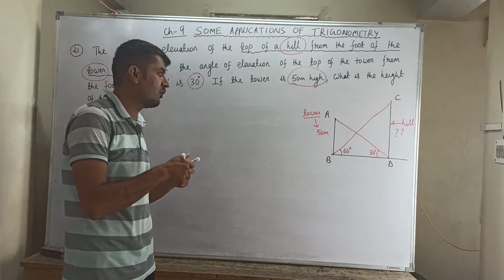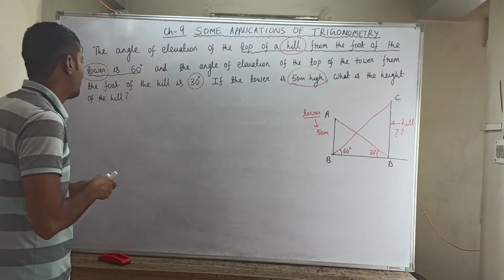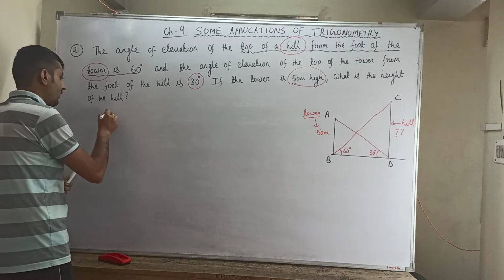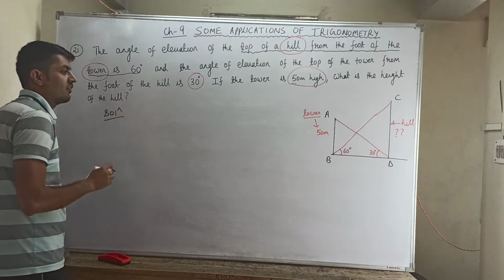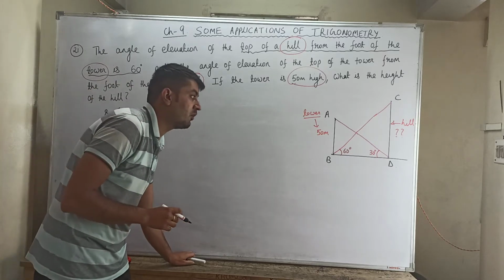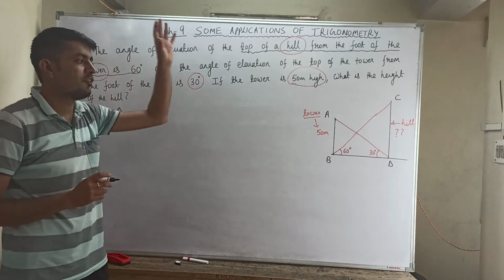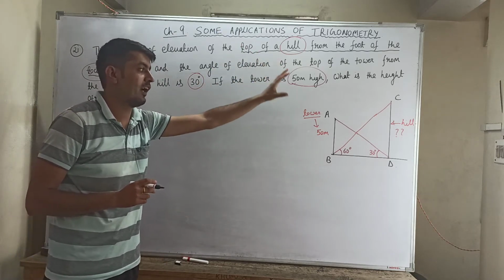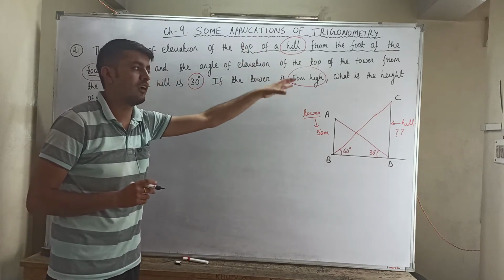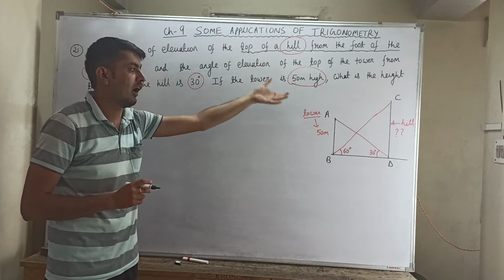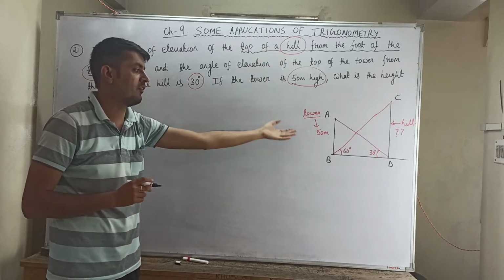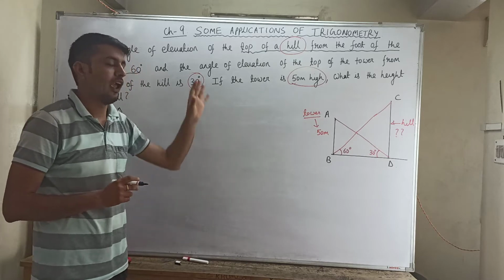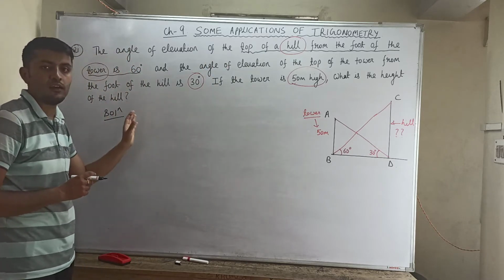Now let us go to the writing part. Solution. From the figure, whatever you have written in the figure, like AB is the tower, CD is the hill, angles of elevation are 30 and 60 degrees, everything you have to put in the writing part.